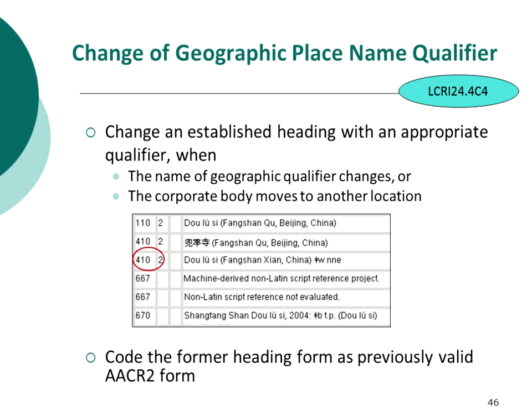And then you would give the former form with the earlier geographic qualifiers under the WNNE form.